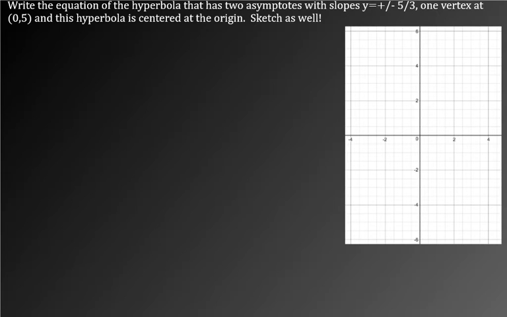So probably the first thing I'm going to do, the center is at the origin, and we know these two lines will basically just go through the center, and the graph that we will sketch will basically be bounded by those two lines.